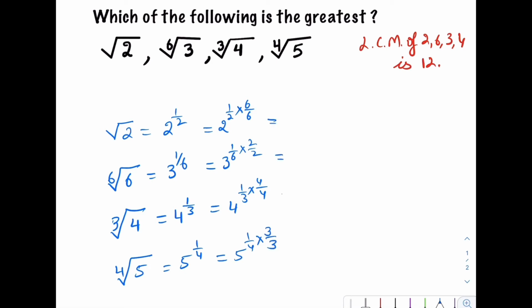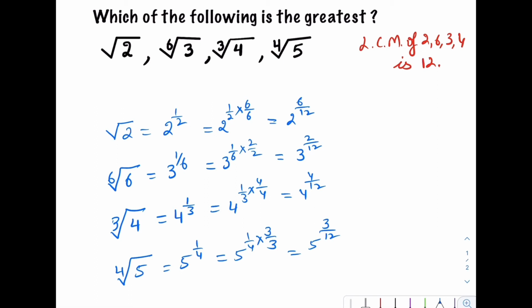Now we have 2 raised to the power 6 by 12, 3 raised to the power 2 by 12, 4 raised to the power 4 by 12 and 5 raised to the power 3 by 12.